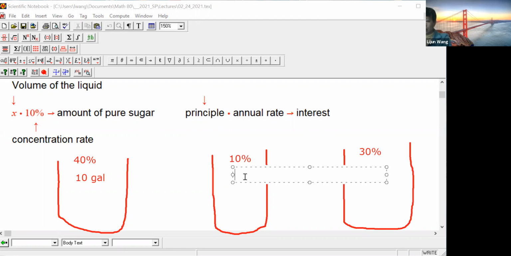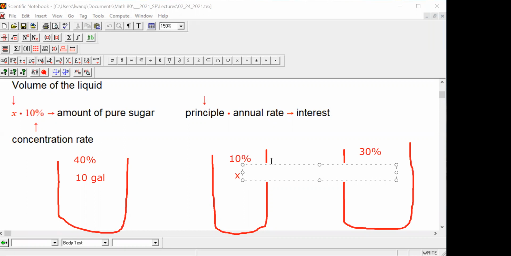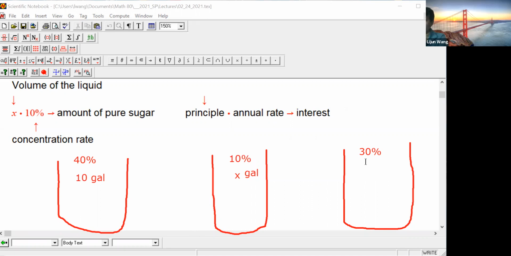We don't know. X gallons. How much will be the 30% in volume?